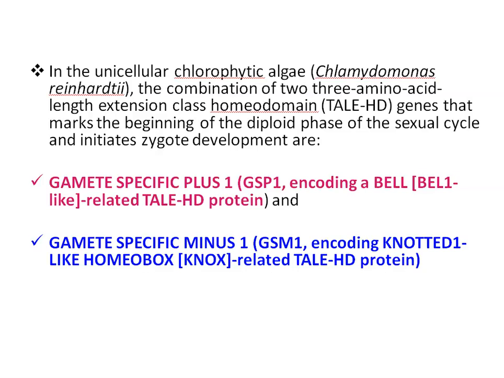The first is gamete specific plus 1, GSP1, that encodes a BELL-related TALE HD protein. And the second one is gamete specific minus 1, GSM1, that encodes a KNOTTED1-like homeobox related TALE HD protein.